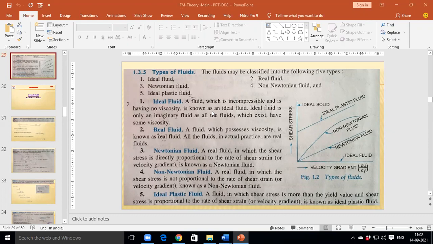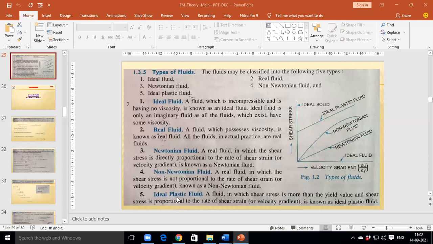How much is the viscosity for an ideal fluid? Zero viscosity, and that fluid does not exist in nature, only imaginary. Whatever fluid exists in nature has some viscosity. It may be close to 0, but not exactly 0.